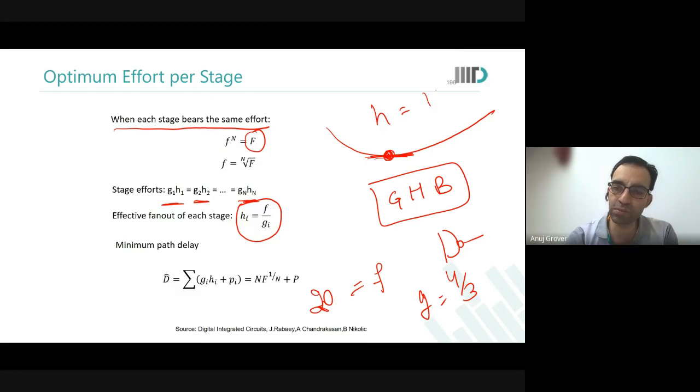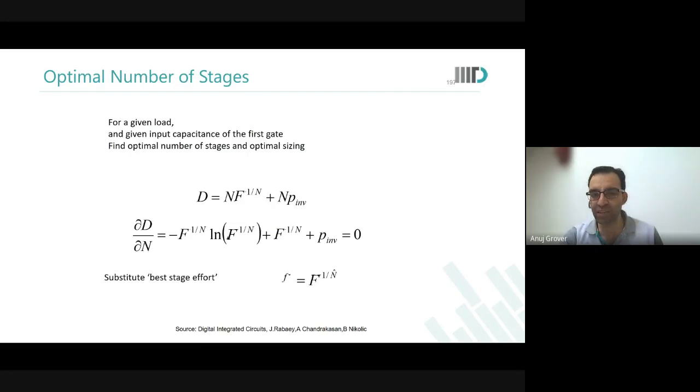Yeah, 15. So if H is going to be 15, then I know that, okay, the next stage, let us say that was also a NAND gate or a NOR gate, something like that.